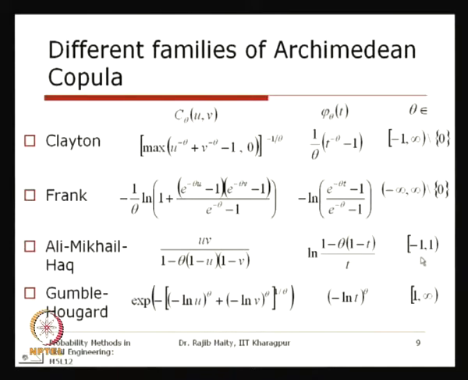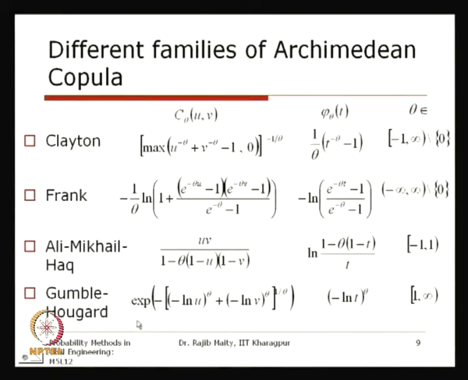So, this is their dependence range. The difference between the first two, Clayton and Frank, is that for these two the dependence range is very wide, but 0 is excluded. For the Ali-Mikhail-Haq, the dependence range is very narrow, but 0 is included.